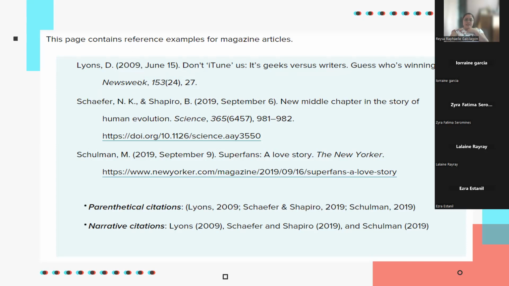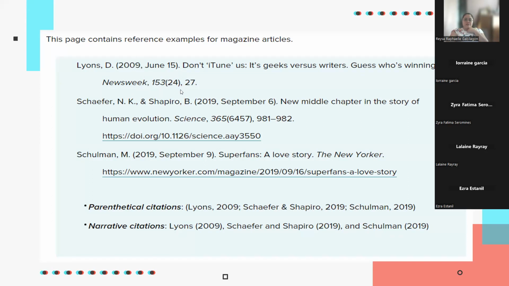Period. And then this time, the one in italics is the name of the magazine, not the name of the journal anymore, syempre. Newsweek here is the name of the magazine. You still have here the issue number, the volume number, and even the page number. You just omit them if these numbers are not given. Okay?